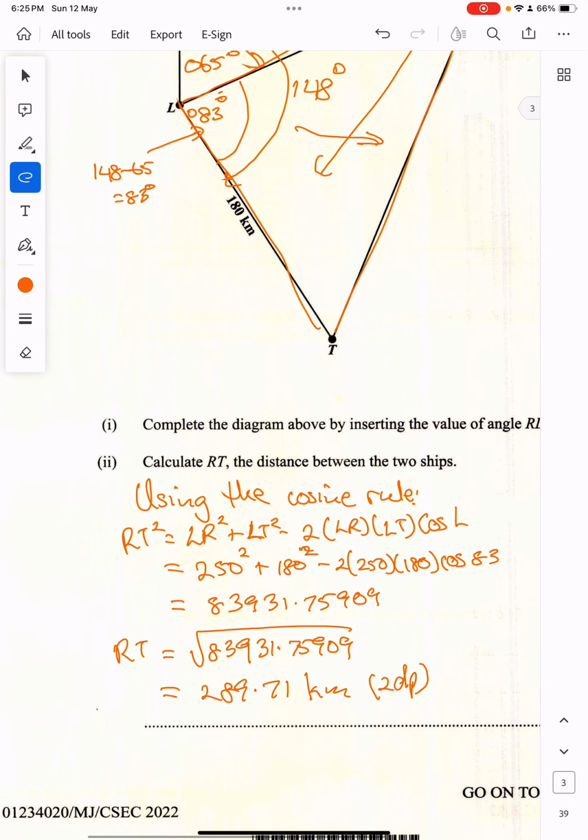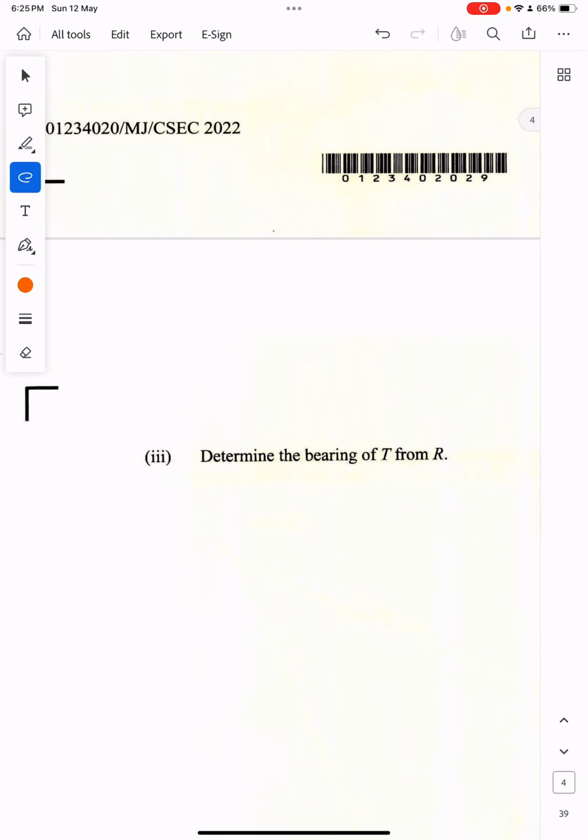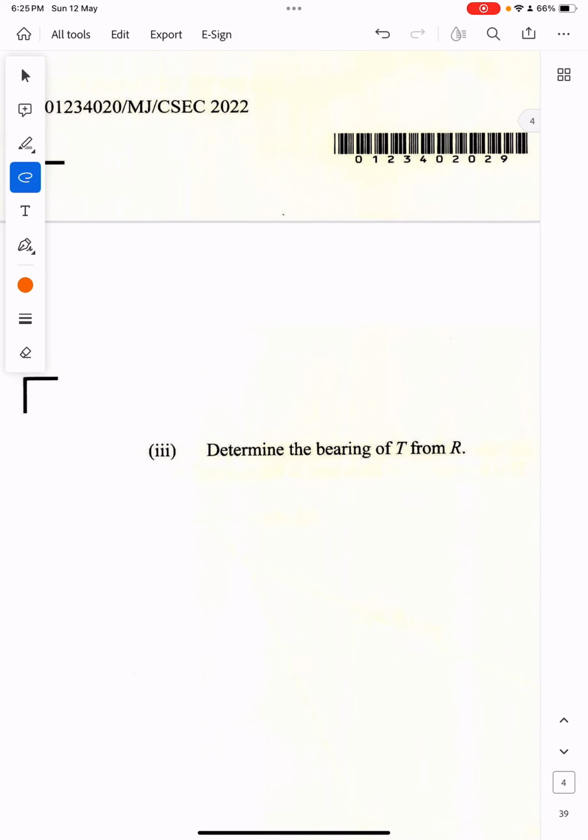Right? So we're going to find that 180 over sine of angle R will be equal to 289.71 over sine of 83.